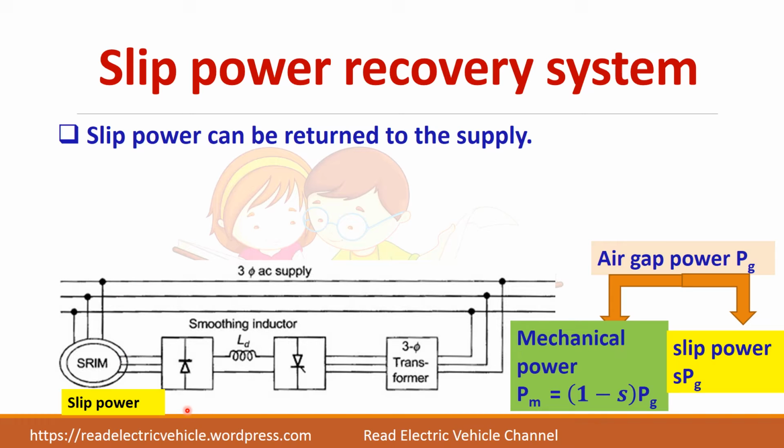So first I have to convert this into supply frequency. For that, what I can do is convert this into DC. Using a diode bridge rectifier, I can convert this AC to DC. Again from DC it is converted into AC of supply frequency. So I can match the voltage and frequency and connect it to the supply again.